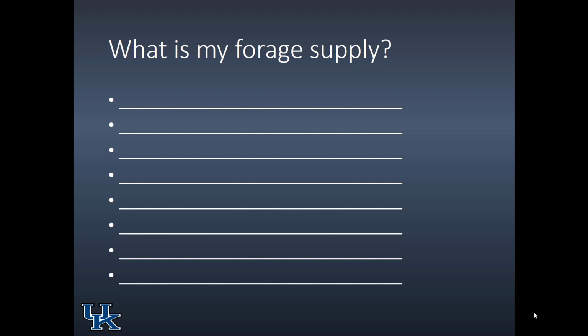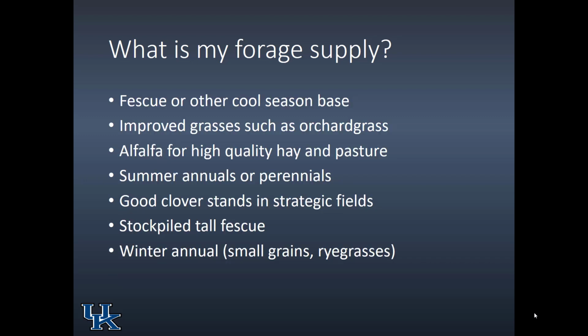I'm going to list a few that are some of the common ones that we might use in a forage system. Using fescue or other cool season-based grasses, maybe having an improved grass such as orchard grass, alfalfa or alfalfa grass. I don't note it there, but you could have alfalfa or a mixed stand of alfalfa and grass for high quality hay and pasture.